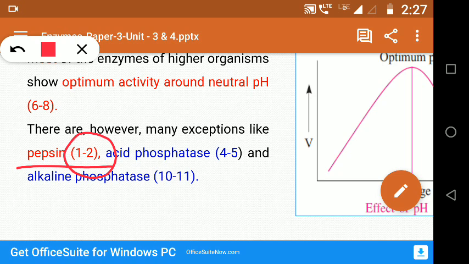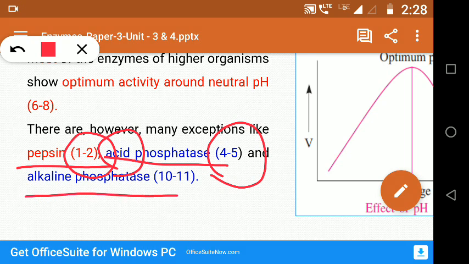In the same way we have the acid phosphatase enzyme. In the name itself we have acid, so that means it works at the acidic pH, around 4 to 5. The 4 to 5 range is the optimum pH for acid phosphatase. And the last one is alkaline phosphatase, which is also a phosphatase enzyme, but it works well in the alkaline condition.